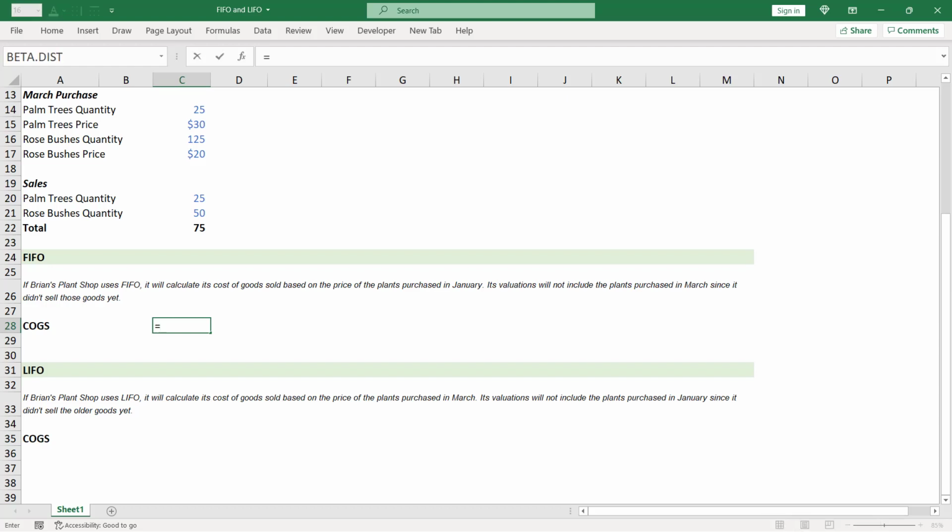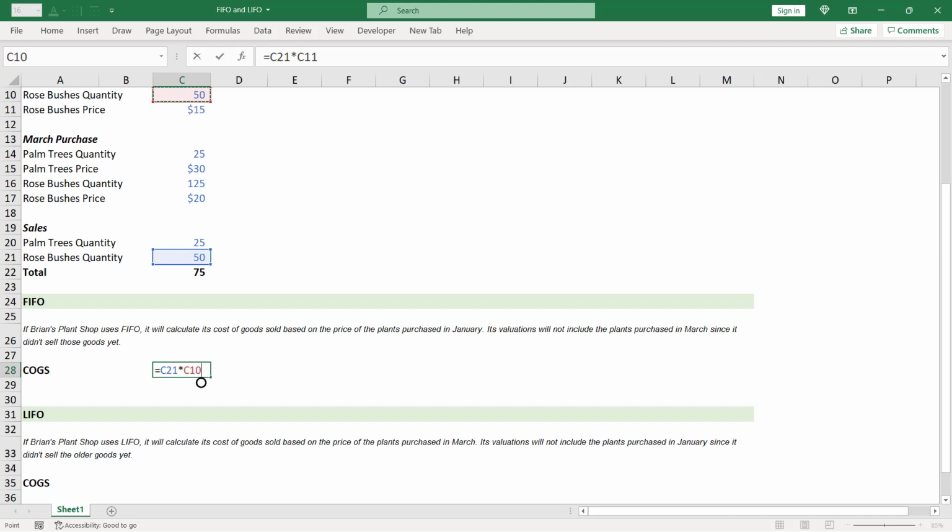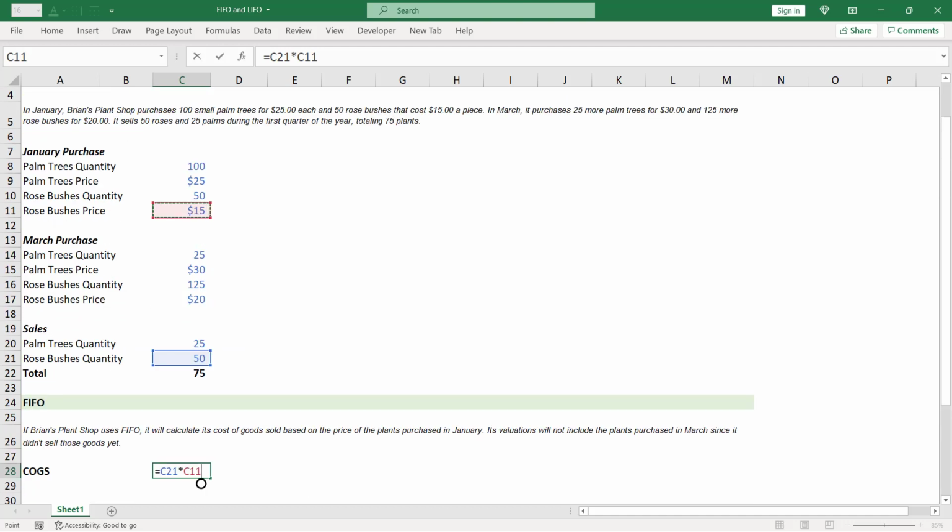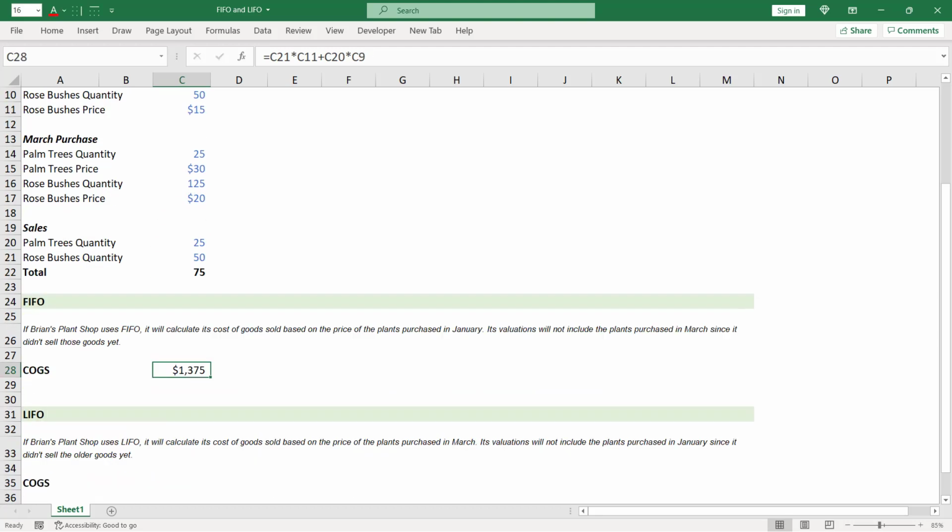So the calculation here will be my rose bushes quantity sold multiplied by the price in January plus my palm trees quantity sold in the cell C20 multiplied by the palm trees price in January. And that would give us $1,375.